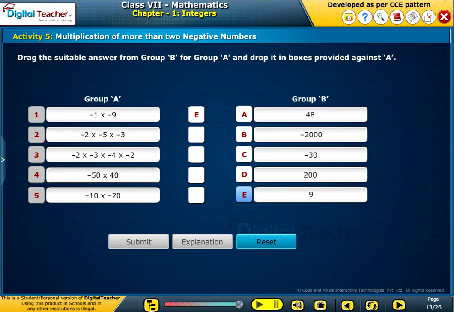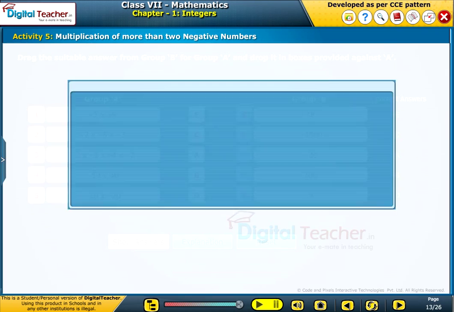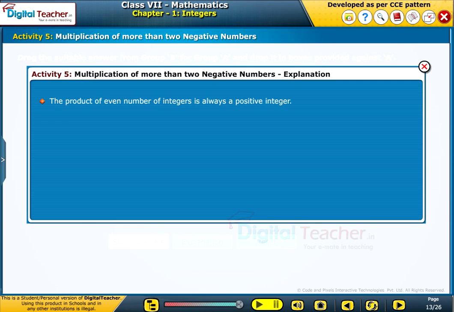Drag the suitable answer from Group B for Group A and drop it in boxes provided against A. The product of even number of integers is always a positive integer. The product of odd number of integers is always a negative integer.